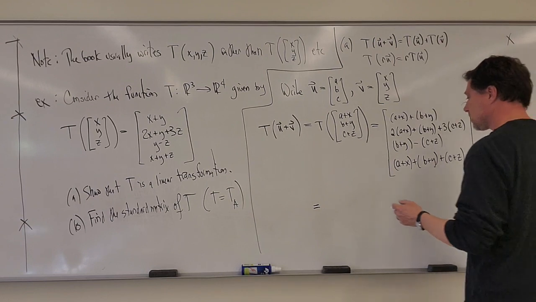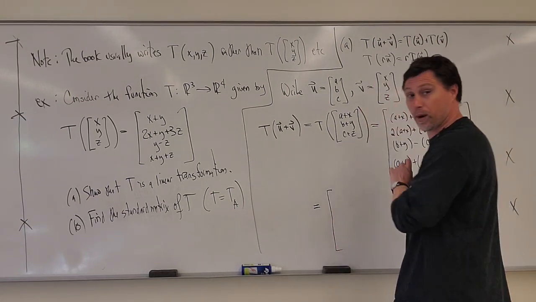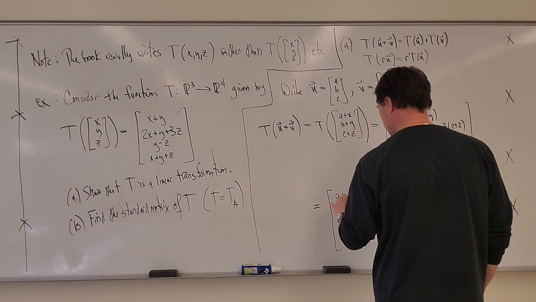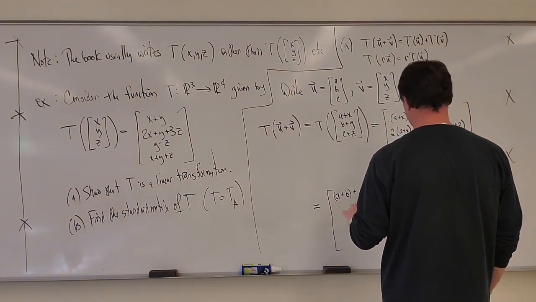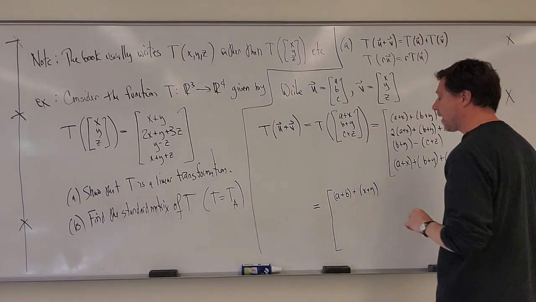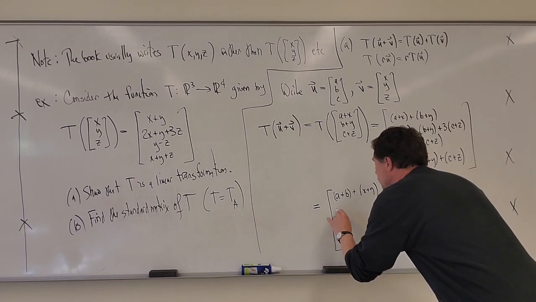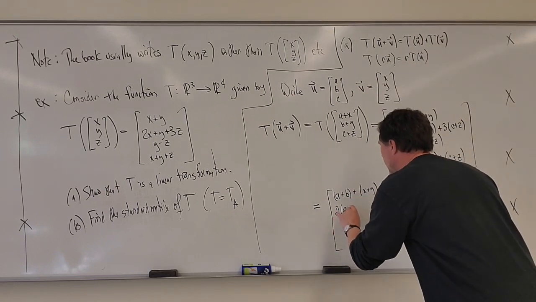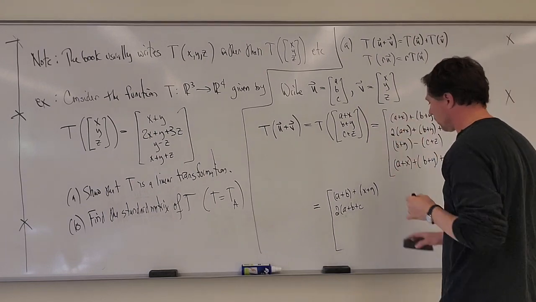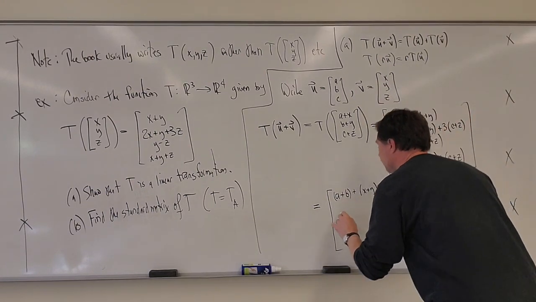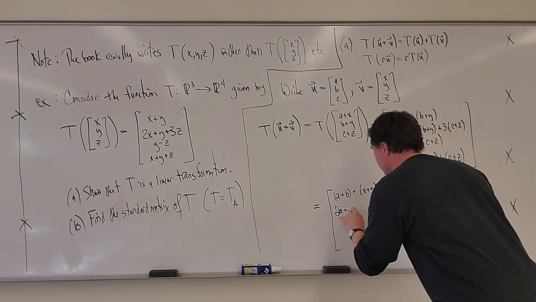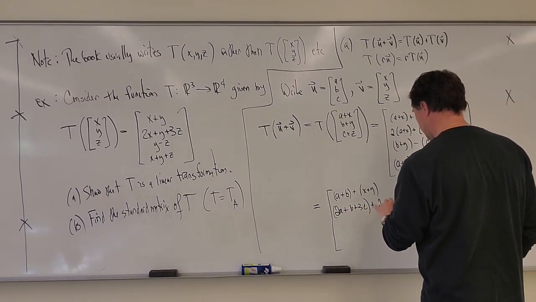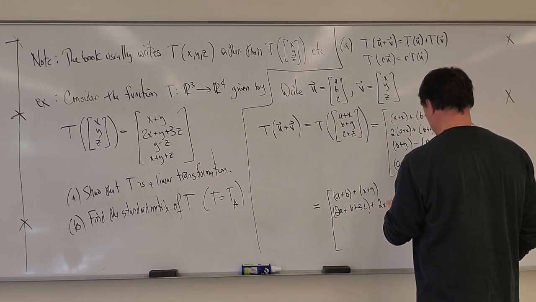So inside the square brackets, I'm going to write this as A plus B plus X plus Y. Then I'm going to have 2A plus B plus 3C, plus 2X plus Y plus 3Z.